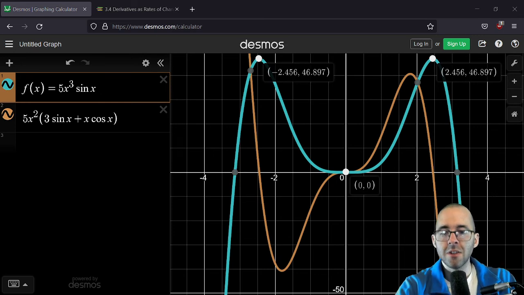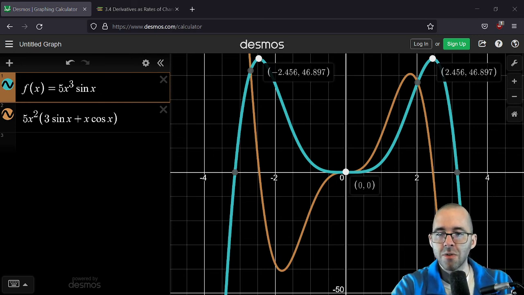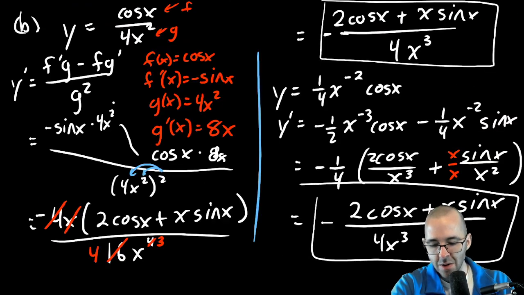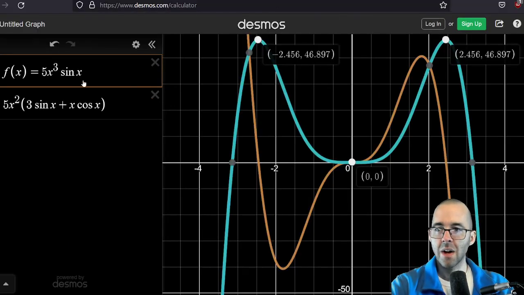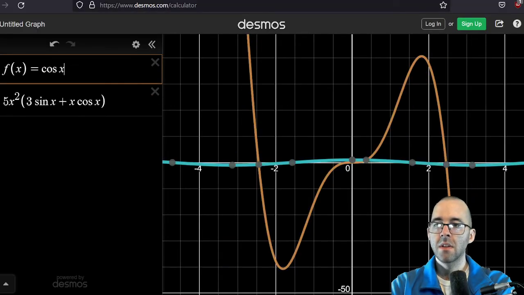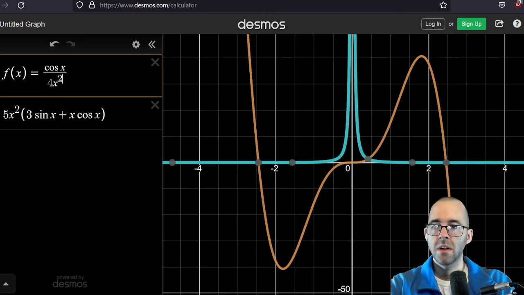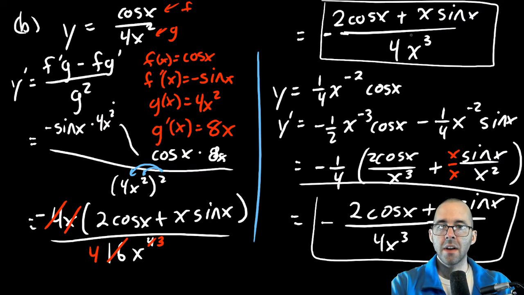To really verify why this is helpful for checking your answer, let's go to the one I made a mistake on. I had a minus sign on cosine of x over 4x squared. I'm going to plot my mistake. All right, my error.